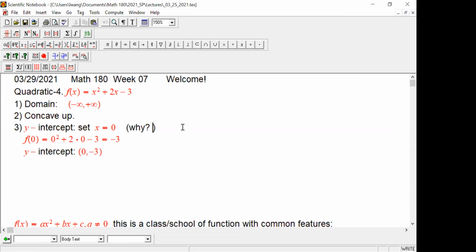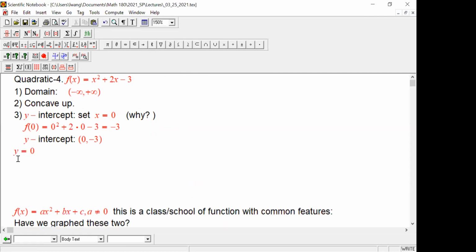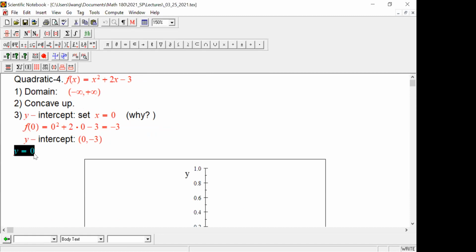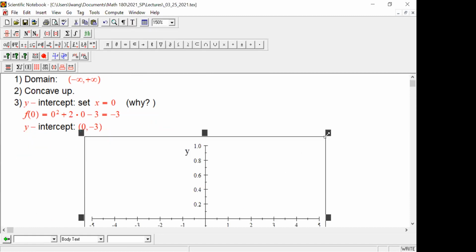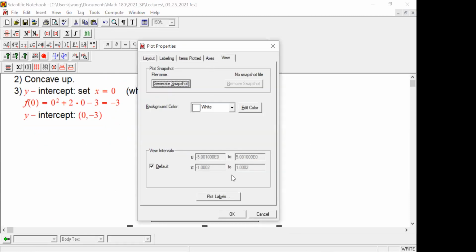Every point on the y-axis... I'm going to use this to demonstrate because I just want to make sure everybody is here with us. So I'm going to set up this rectangular system. Just be patient with me.